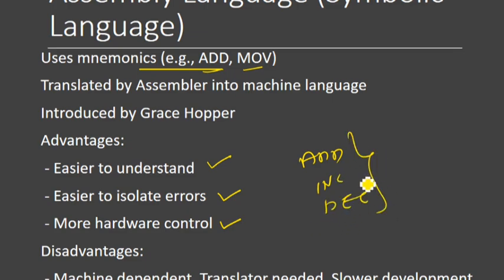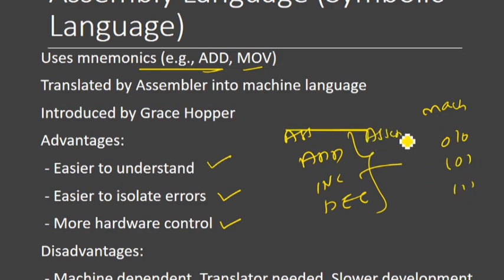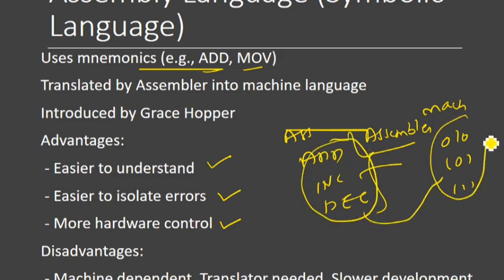Hence we need to convert this assembly code into machine language, in terms of zeros and ones, by the assembler. The assembler converts assembly language into machine language. Translators are required to convert assembly code into machine code.